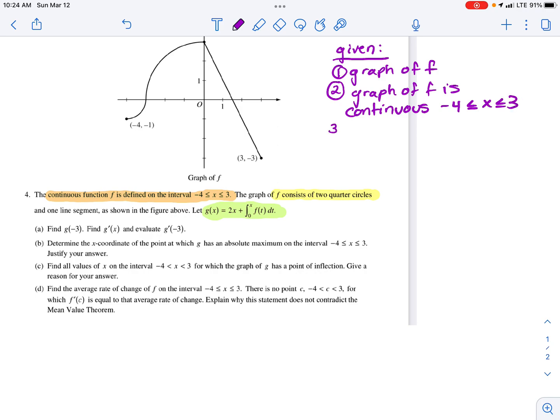And then we know that g of x is equal to 2x plus the integral from 0 to x of f of t dt. And the fact that we see from 0 to x, like this part right here, is indicating to me that I'm probably going to use the fundamental theorem of calculus part 2, where we talked about the derivative of the integral.